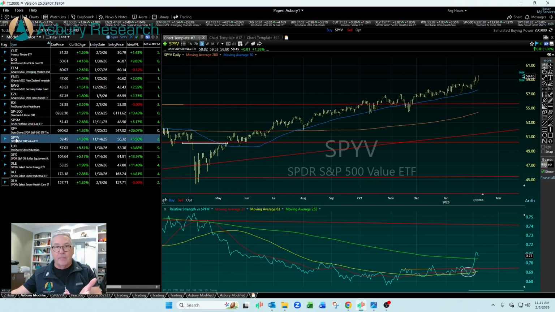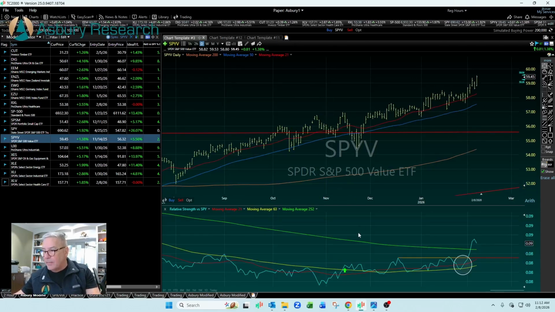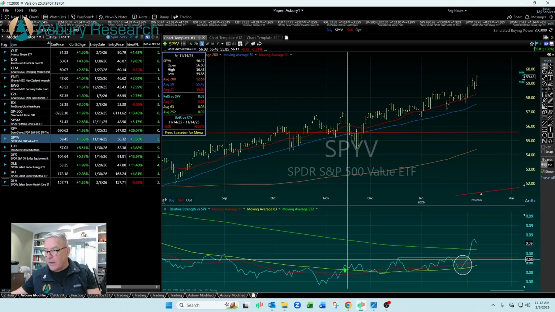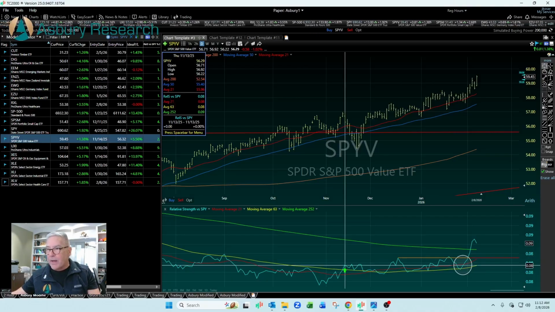Here's the style part, growth or value. So we've been overweight value from this green arrow. You can see it really hasn't done a whole lot versus the S&P, starting to outperform right now, but this is since November 13th.